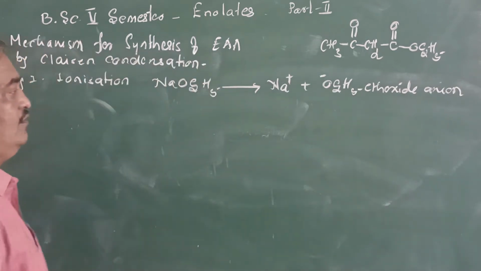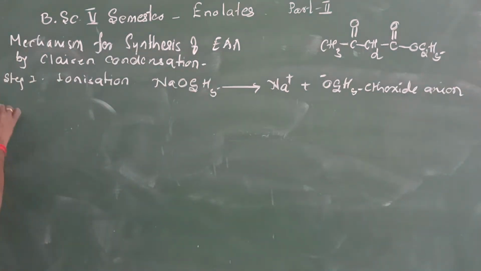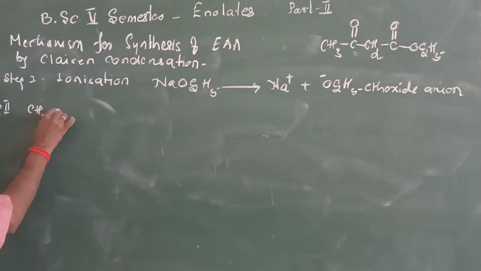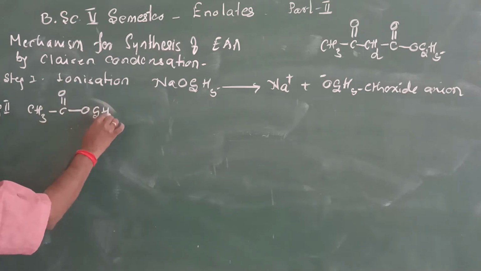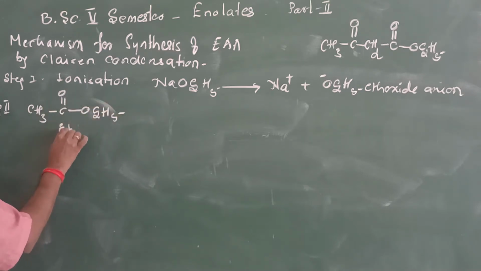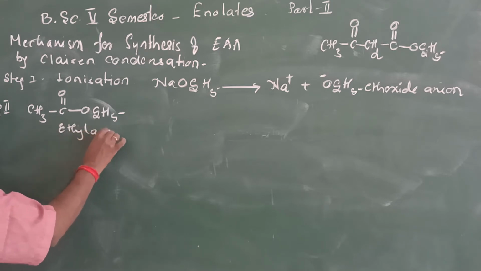In the second step of the mechanism, this ethoxide anion will attack one molecule of CH3COOC2H5. This is the first molecule of ethyl acetate.